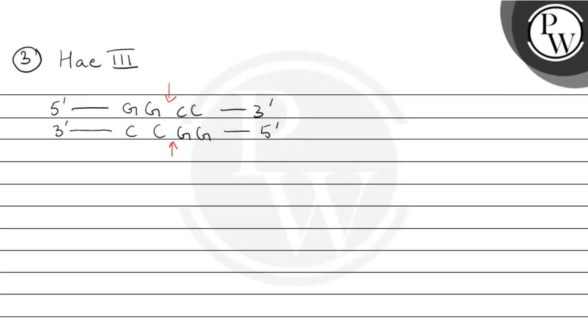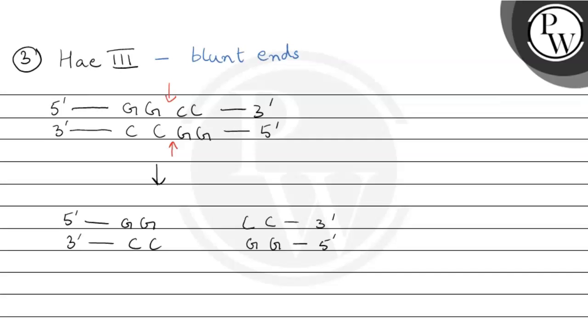If we see the two DNA fragments formed due to the cleavage by HaeIII, we see that there are no flanking ends formed. So there are no sticky ends, but they are blunt ends. Due to the cleavage by HaeIII, the two DNA fragments have blunt ends because there are no flanking nucleotides present in the two fragments.